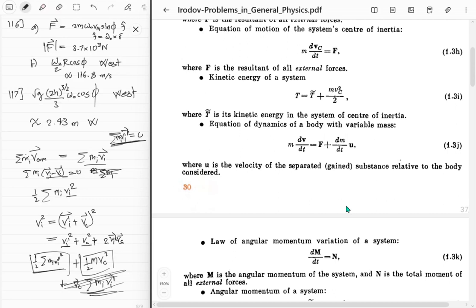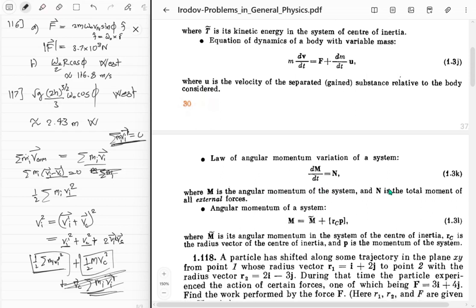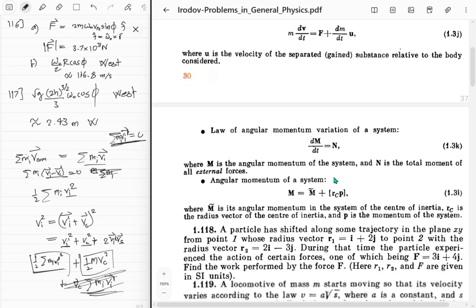We'll leave this. Okay, law of angular momentum variation of a system. M is the angular momentum of the system, and N is the total moment of external forces. They are not using torque, they are using N, and they are using T for kinetic energy. What is this notation? It's just really stupid.